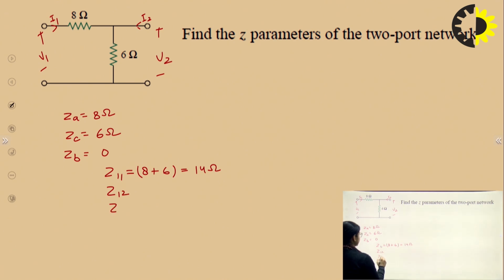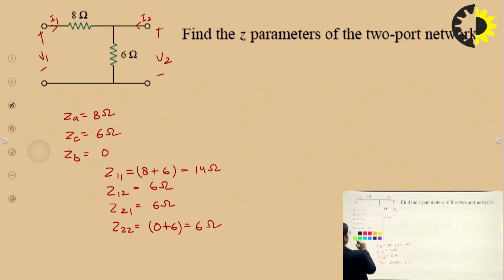Z12 and Z21 both will be ZC, which is 6 ohms, and Z22 will be ZB plus ZC, so 0 plus 6 equals 6 ohms. So, these are the final answers: 14 ohm, 6, 6 and 6.